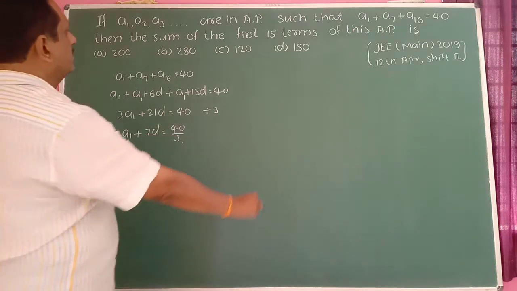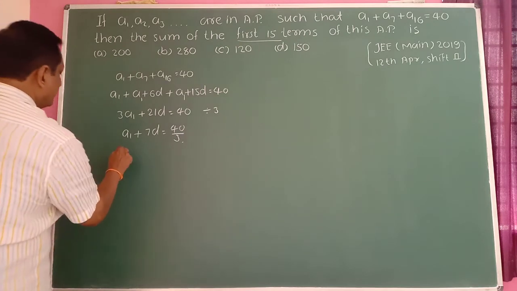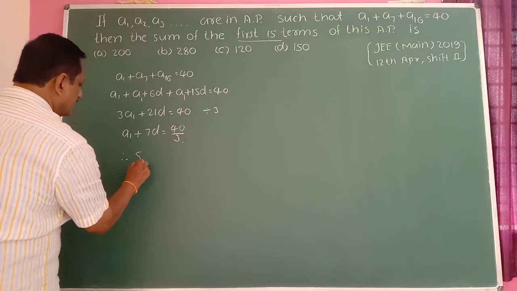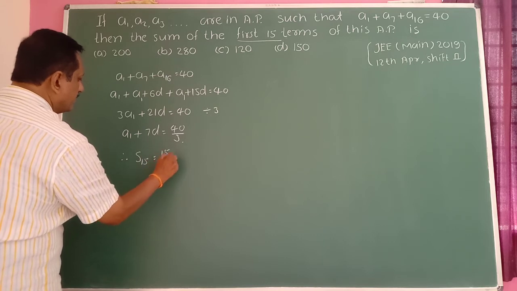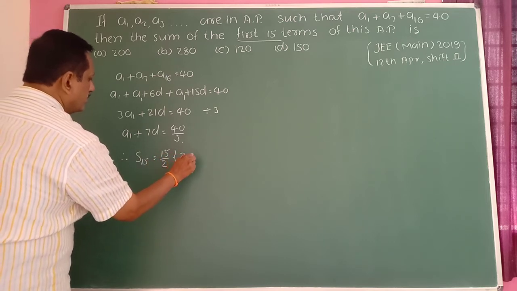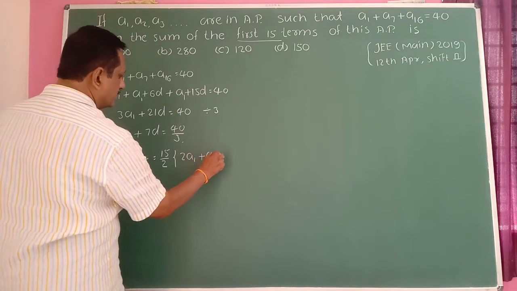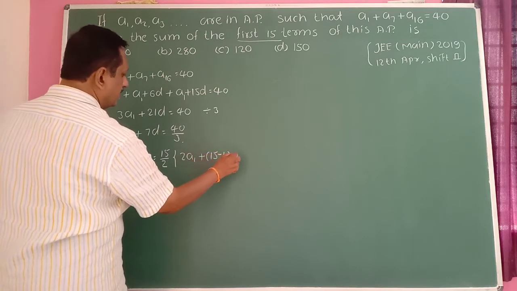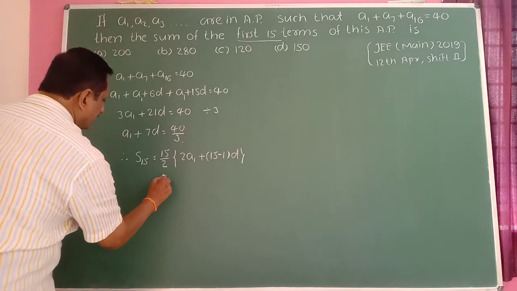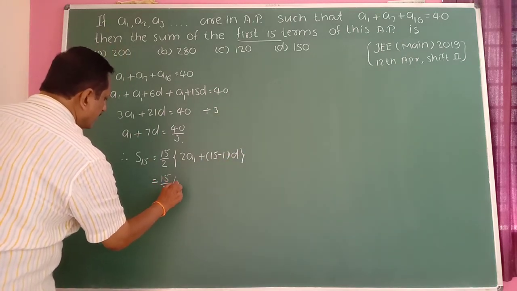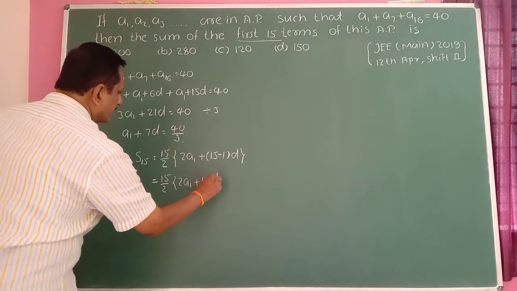Here we want the sum of the first 15 terms. Therefore, S15 is equal to 15 divided by 2 into bracket 2A1 plus 15 minus 1 into D, which is 15 divided by 2 into bracket 2A1 plus 14D.